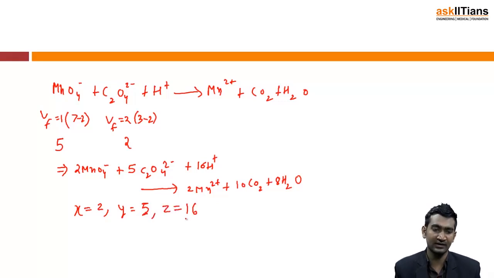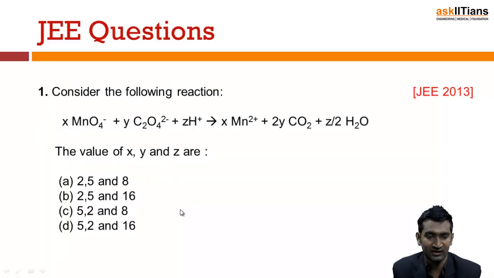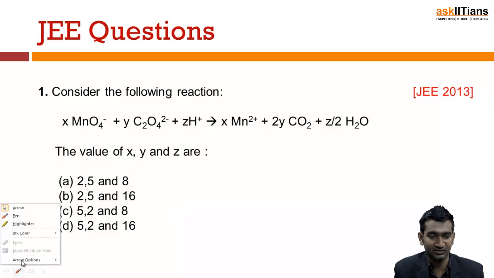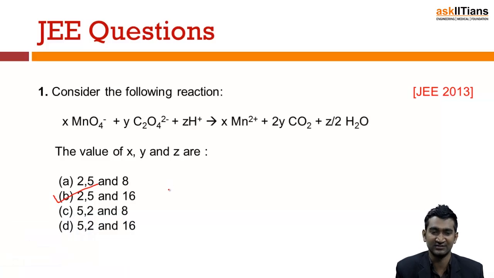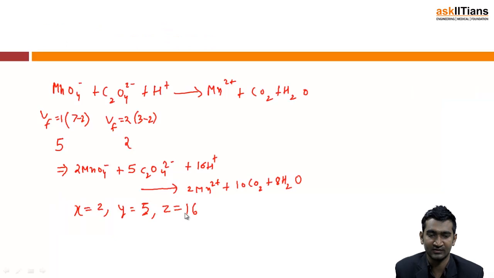So the answer is X equals 2, Y equals 5 and Z equals 16. So the correct answer for this is option B. You just have to calculate the change in oxidation number and multiply it with the cross stoichiometric coefficient. This was the trick here.